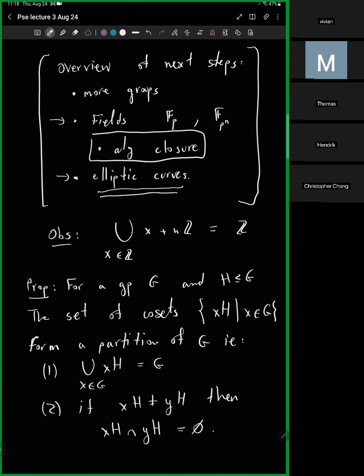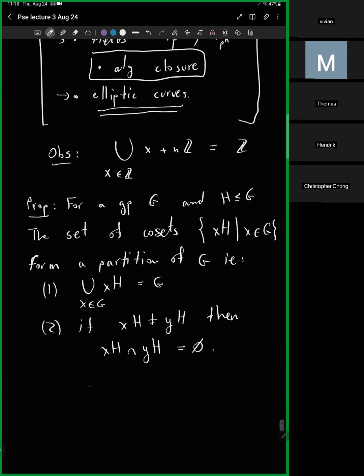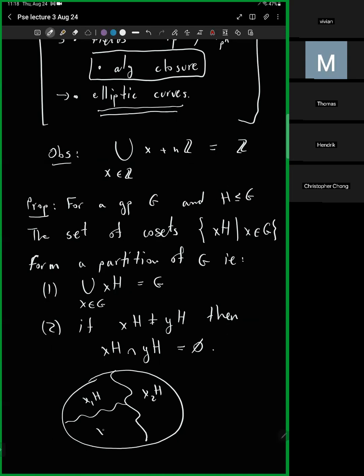Okay, so the picture is like, I have maybe x1H, x2H, x3H. Maybe x3H is equal to x4H.